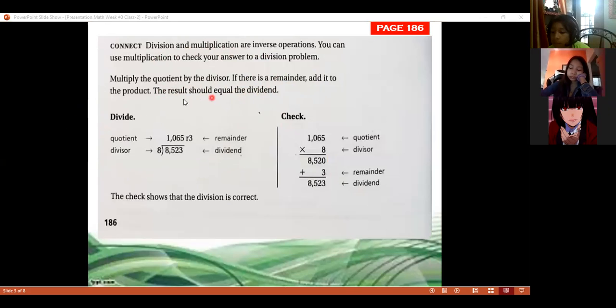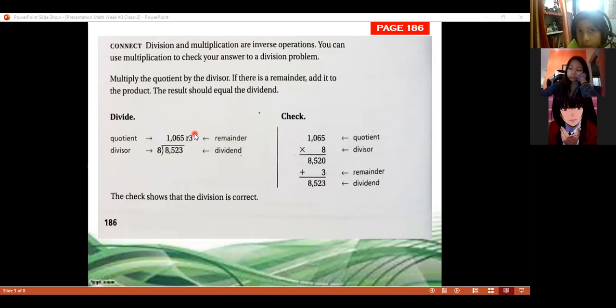So here we have the information. The division is the same exercise. 8,523 divided by 8. The 8 is the divisor. The 8,523 is the dividend. Here we have the quotient and the 3 is a remainder. How can we know if this answer is correct?